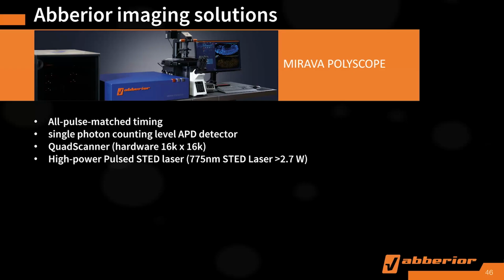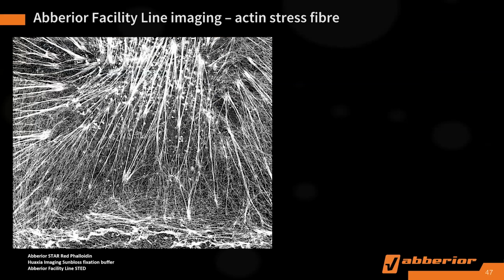In a confocal system, the excitation laser beam is only like 30 milliwatt, 50 milliwatt, 100 milliwatt, or in a STORM system, it's 200 milliwatt, 300 milliwatt, maximum 500 milliwatt. In our STED, it's 2.7 watt. So we use very good optical components which can handle this laser power.